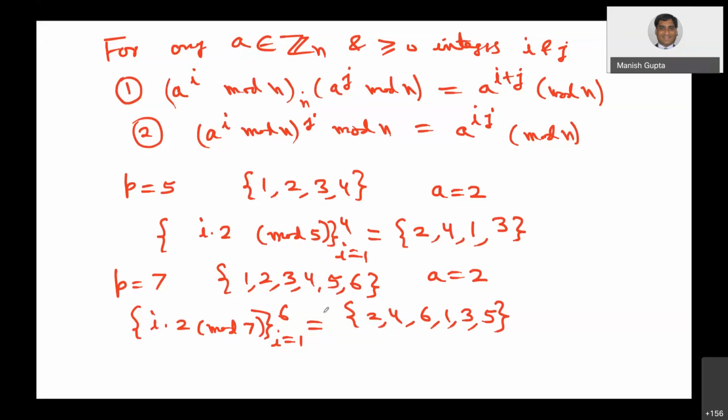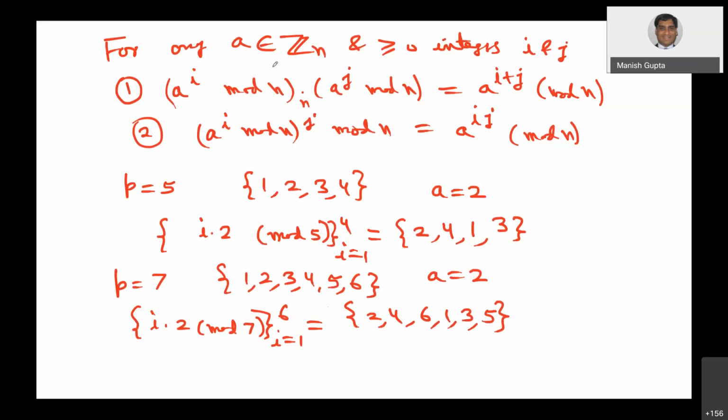Any question? Sir, in the second formula, is it a to the power i or a into i inside the bracket? A to the power i. Then, sir, in the example you took, there is 2 into i, so that's a into i. Yes, this is a into i.